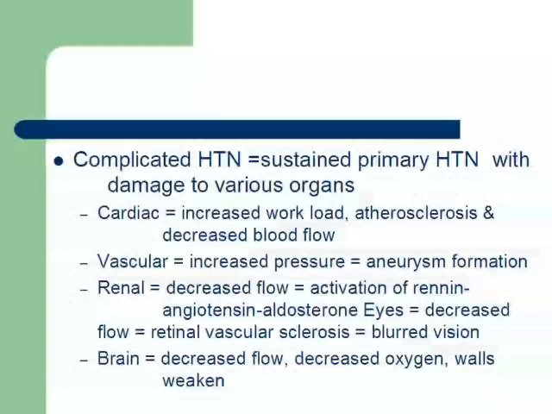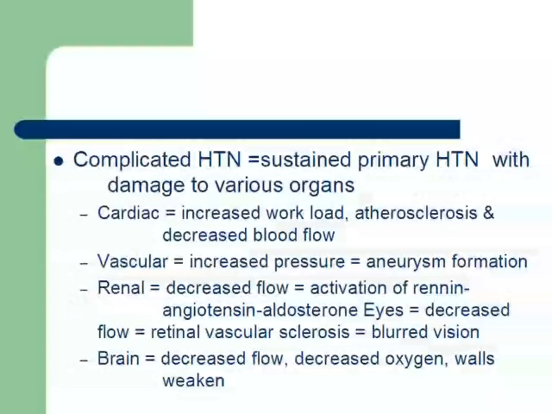Renal disease is due to the decrease in blood flow to the kidneys, which activates the renin-angiotensin-aldosterone system. And again, renin is spelled wrong. It should be only one N. In the eyes, it'll cause a decrease in blood flow, retinal vascular sclerosis, and blurred vision.